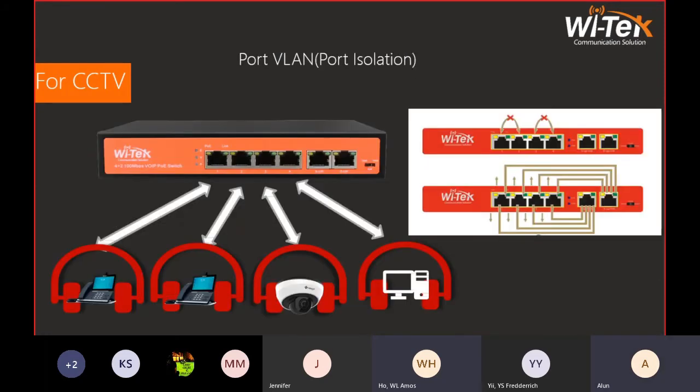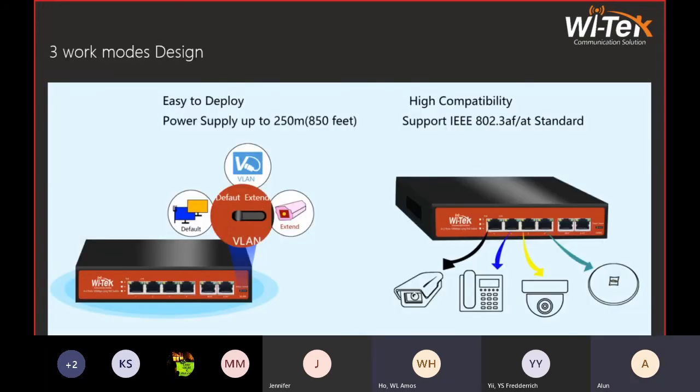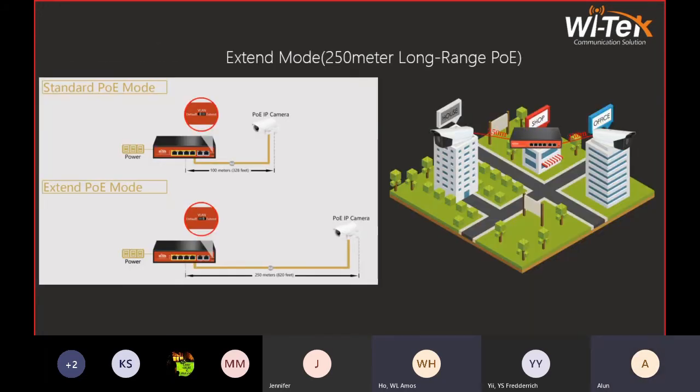Does the 250 meter require an extender in between? Yes, under the extend mode, no need for an extender. At this mode, the data speed will decrease to 10 Mbps. So it cannot be used for a wireless access point, it can just be used for the CCTV camera.